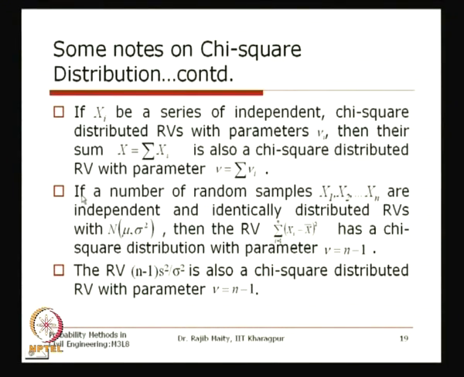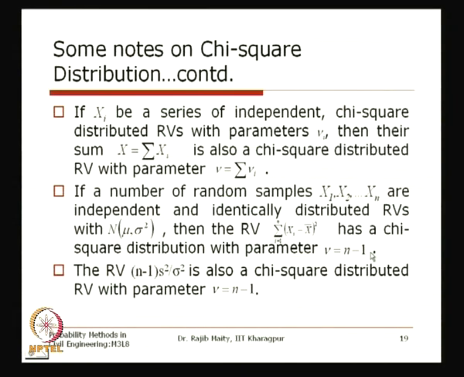The second is that if x1, x2, up to xn are independent and identically distributed random variables with a normal distribution with mean mu and variance sigma square, then if we take the sum of xi minus x bar, squared, this is also a random variable which will follow a chi-square distribution with parameter nu equal to n minus 1.